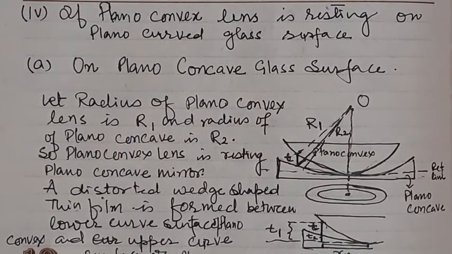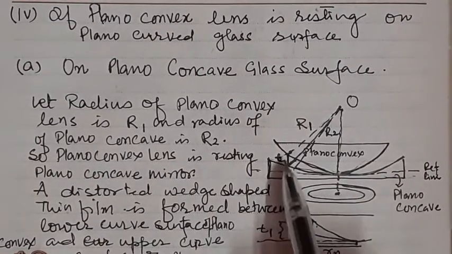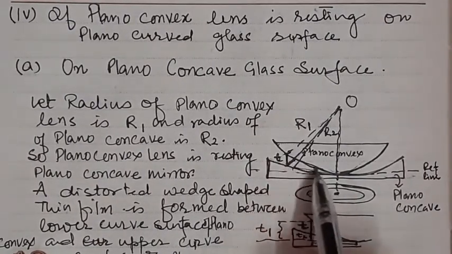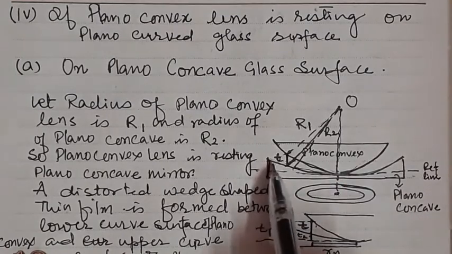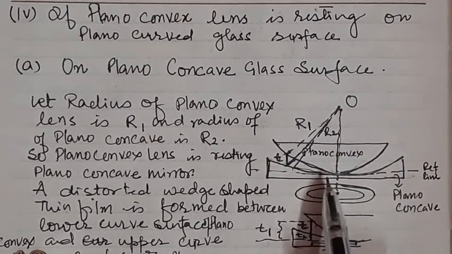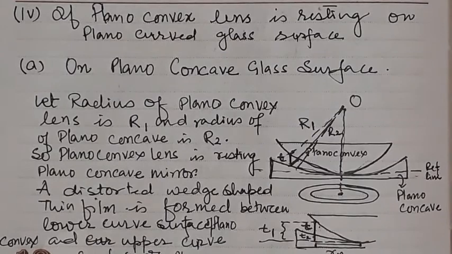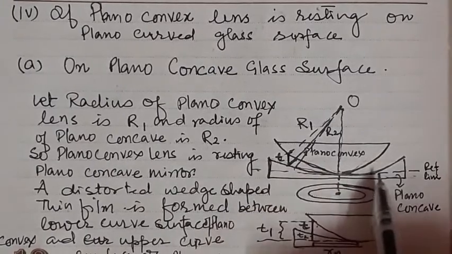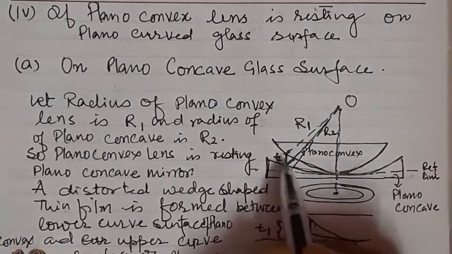Now, whenever such an assembly is formed, a distorted wedge-shaped thin film is enclosed between the lower surface of the plano-convex lens and the upper surface of the plano-concave surface, which is symmetrical, of course, and therefore the interference is caused by this symmetrical distorted air wedge thin film.